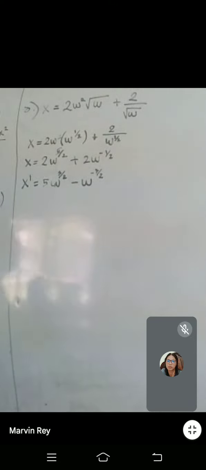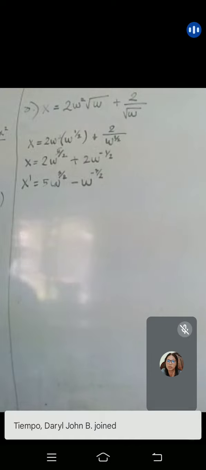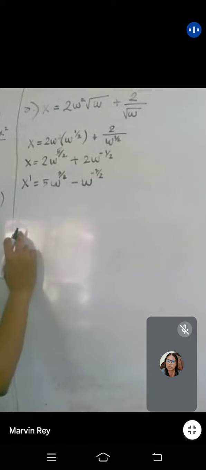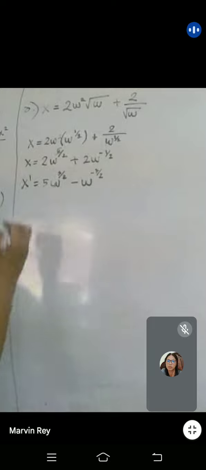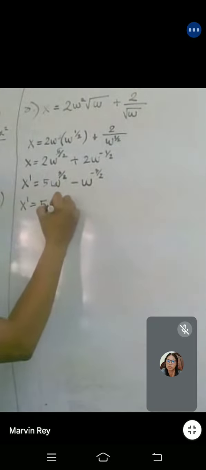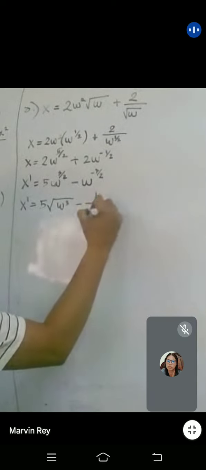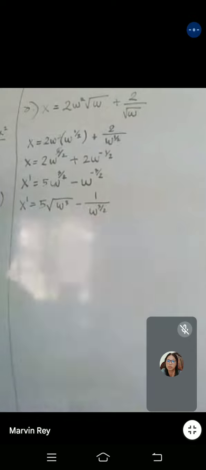Okay? But you can still simplify it, to eliminate the negative exponent, then return it into radical expression. So x prime is just equal to 5 square root of w cubed minus 1 over w to the 3 over 2. Okay?